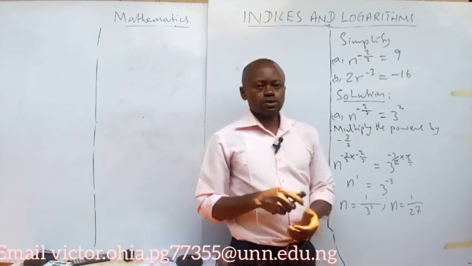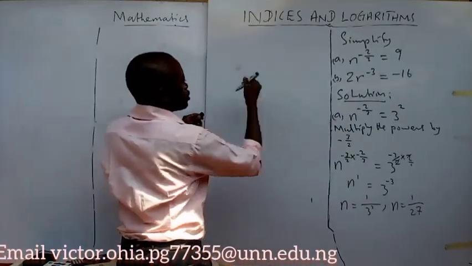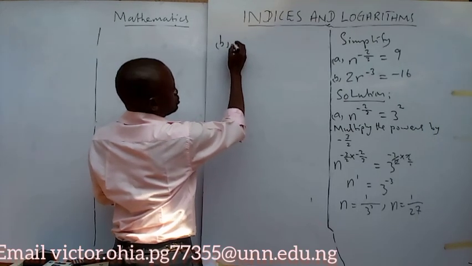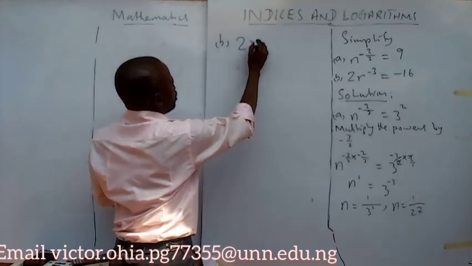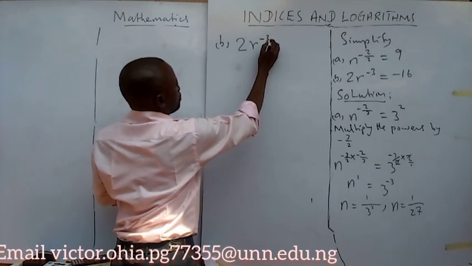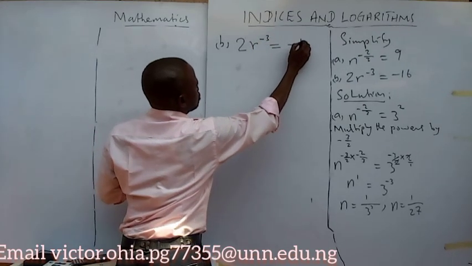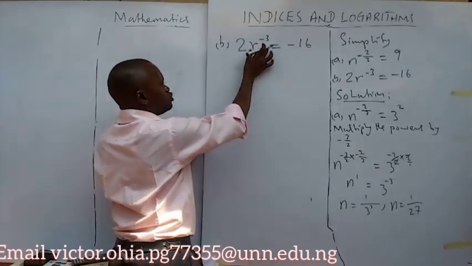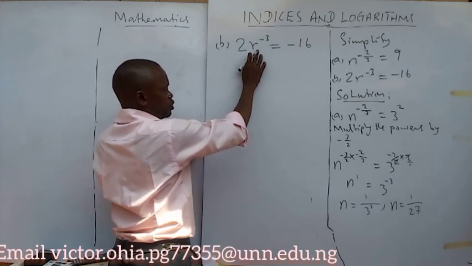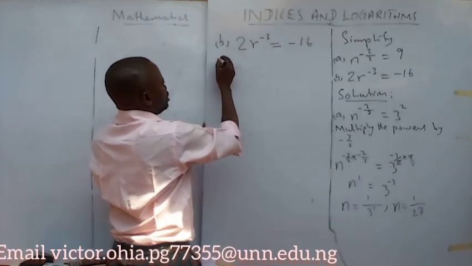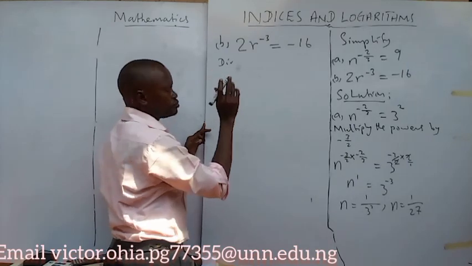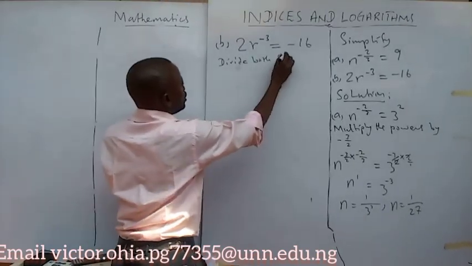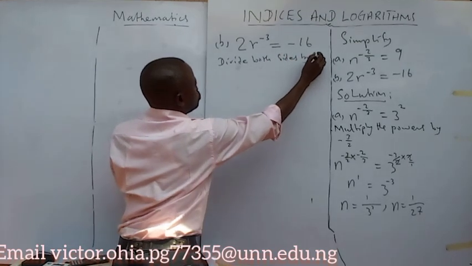All right, let's also look at the second example. We have 2 times r raised to power minus 3 is equal to minus 16, and the intent is for us to find the value of r. First step, divide both sides by 2.